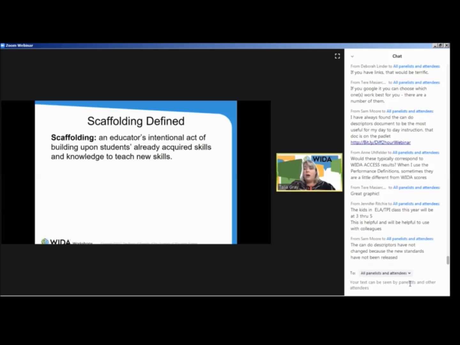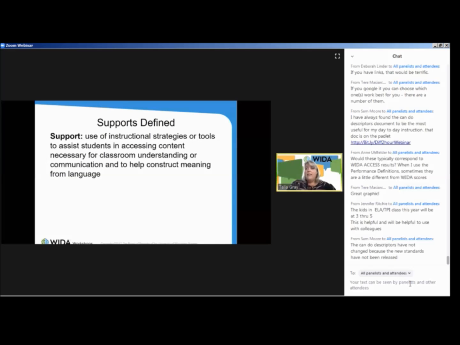So you are building upon what your students already know in order to teach them something new. So that's scaffolding defined. And a support is the use of instructional strategies or tools to assist students in accessing content necessary for classroom understanding or communication and to help construct meaning for language.